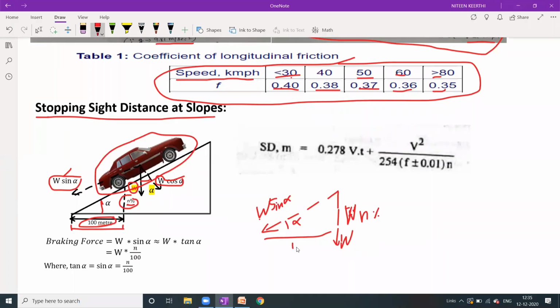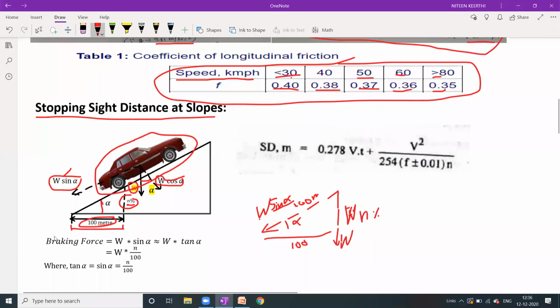And this distance I can say as 100-meter, right? This 100-meter is horizontal, but here the vehicle is climbing, that is inclined. So for hypotenuse like 100-meter, what you can write in place of sine alpha is N opposite divided by 100-meter.